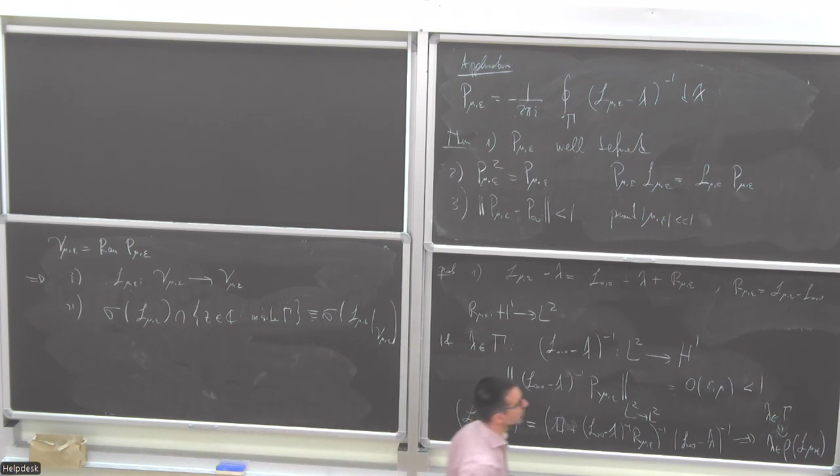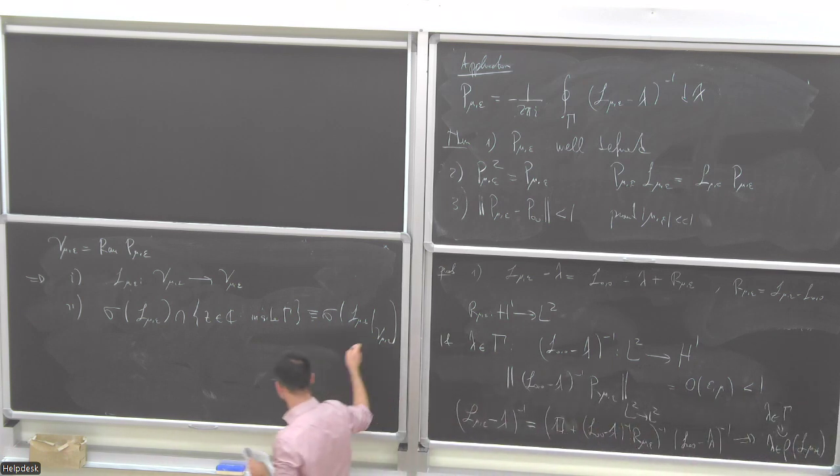So all the spectrum of L mu epsilon inside the circle, inside here, is actually the spectrum of L mu epsilon restricted to the space.